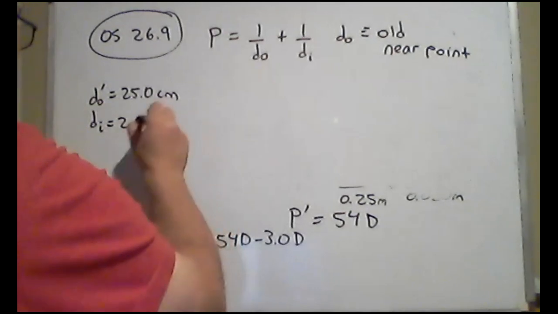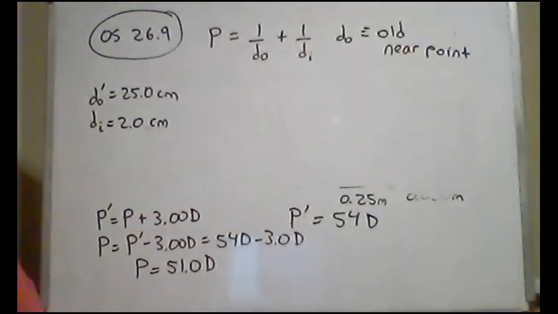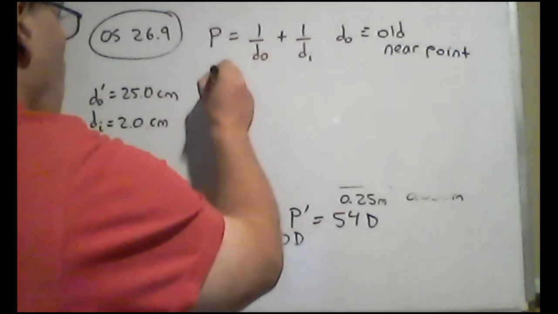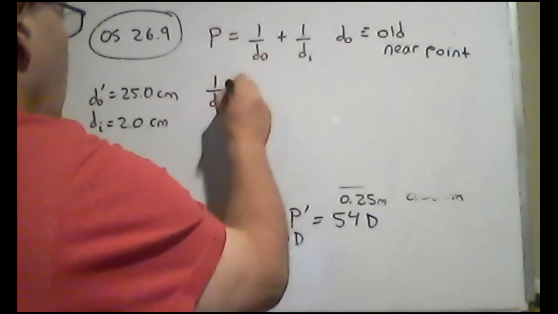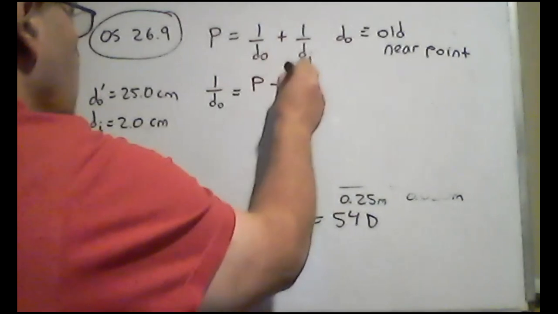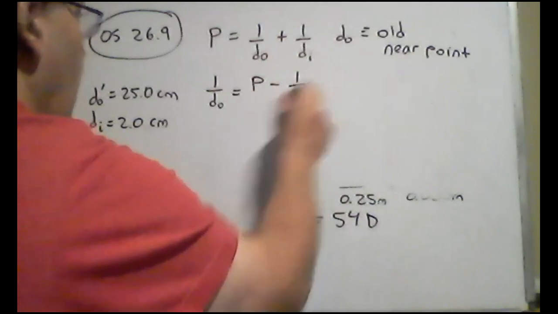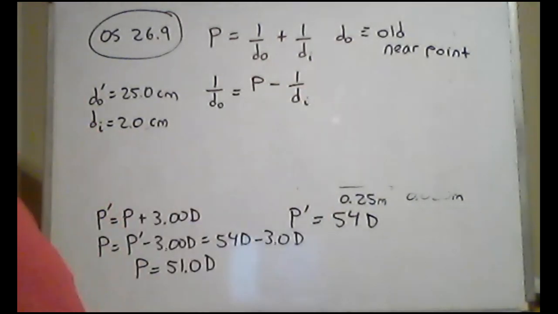But now he walked in with those old eyes, and his old eyes had a near point of D sub O, not D sub O prime. All right, we got to solve for D sub O. So 1 over D sub O is P minus 1 over D sub I. I will now get a common denominator.